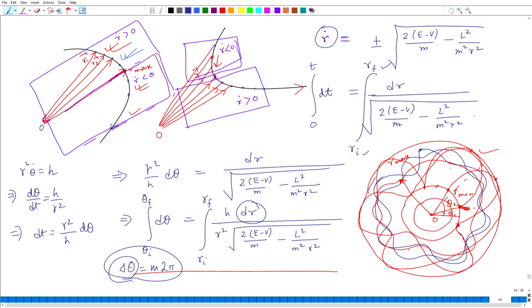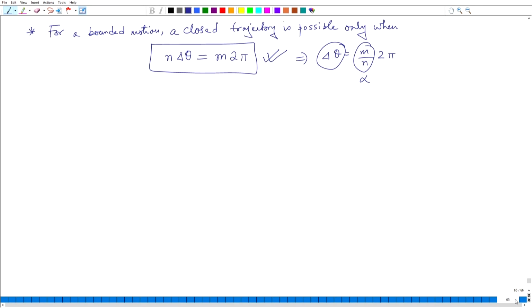And many a times, instead of doing like this, it may be doing like this. Whatever it be, instead of just saying that delta theta is equal to some multiple of 2 pi, we simply say that n times delta theta is equal to m times 2 pi. If you have this relation, then you have a closed trajectory.